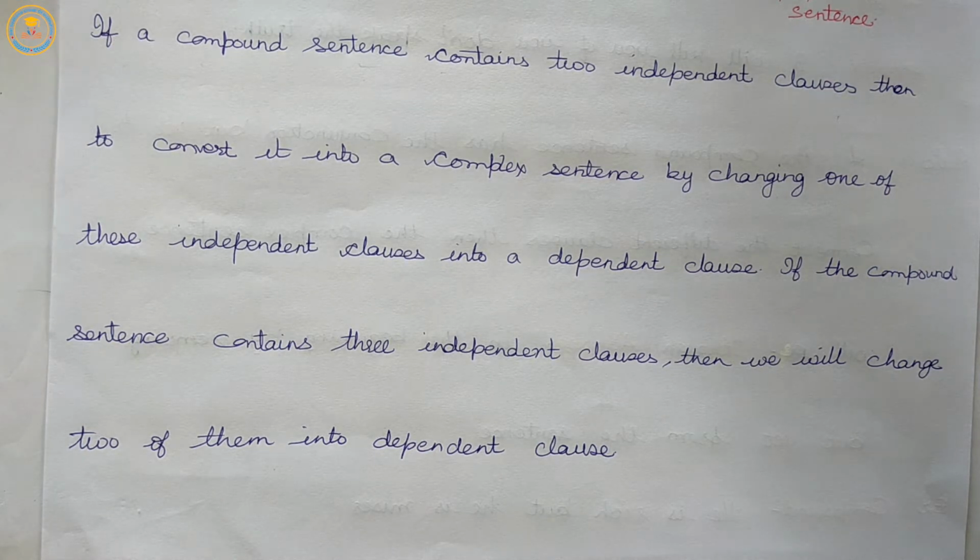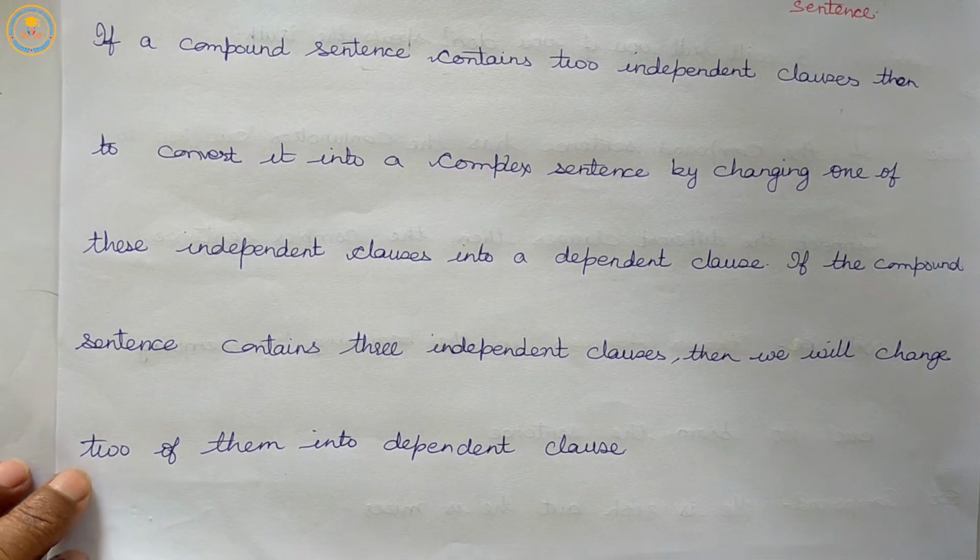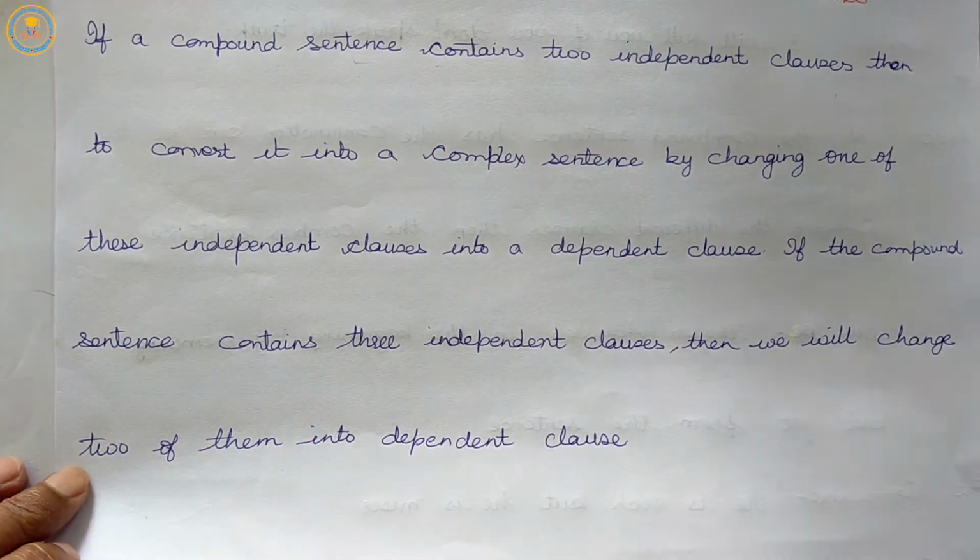So, listen carefully about the difference. If the compound sentence has two independent clauses, then we will change one of them into a dependent clause. But if the compound sentence contains three independent clauses, then we will change two of them into dependent clauses.